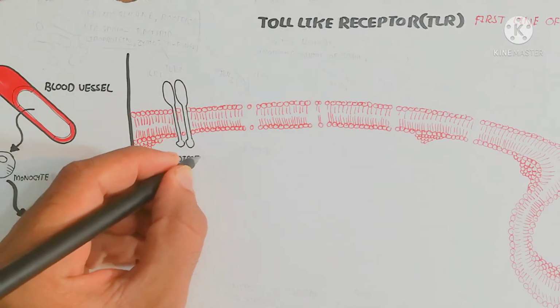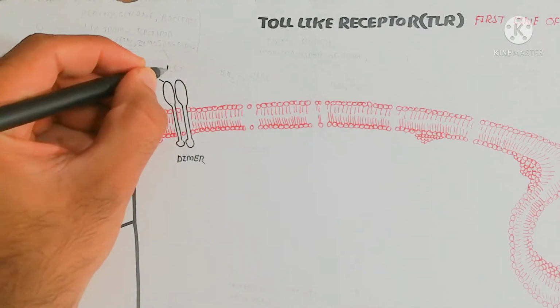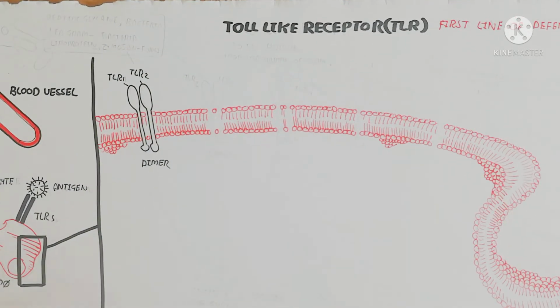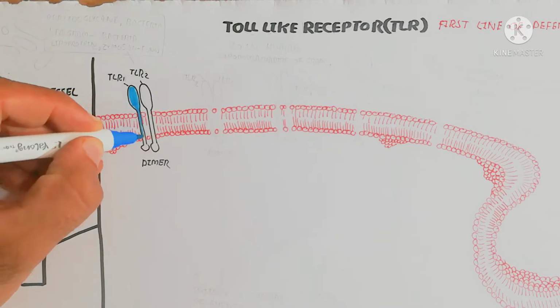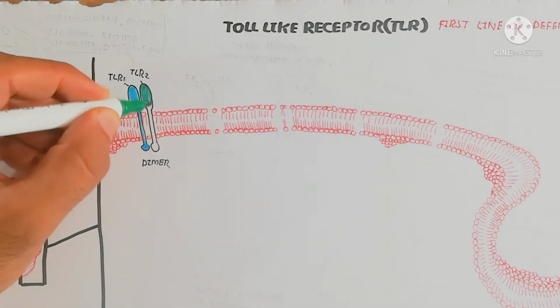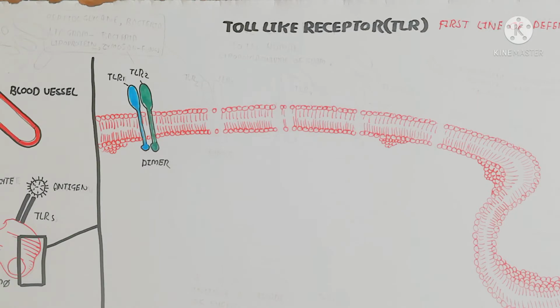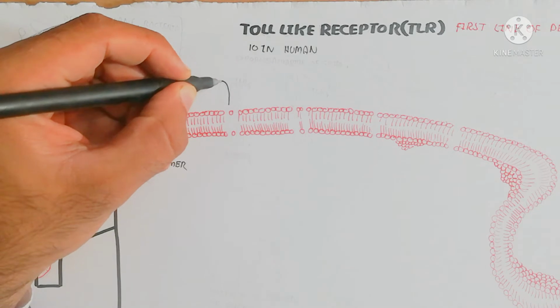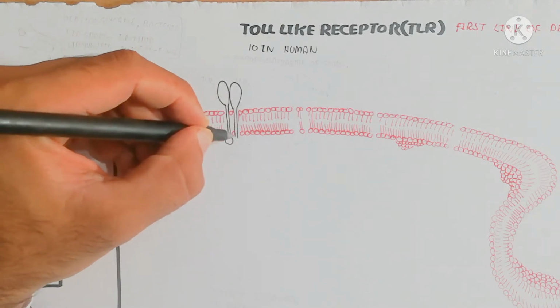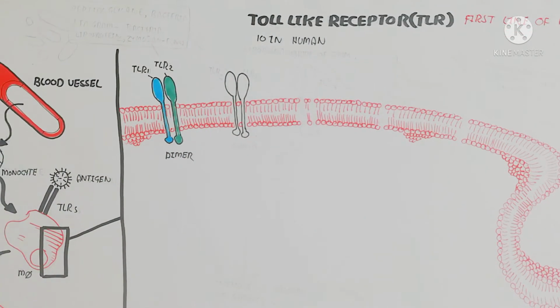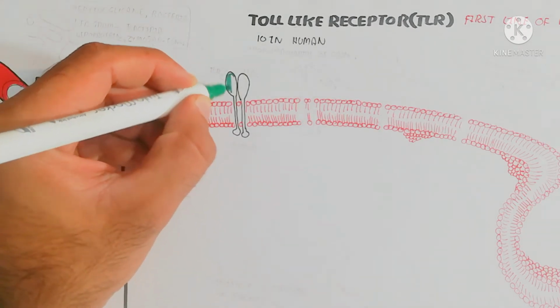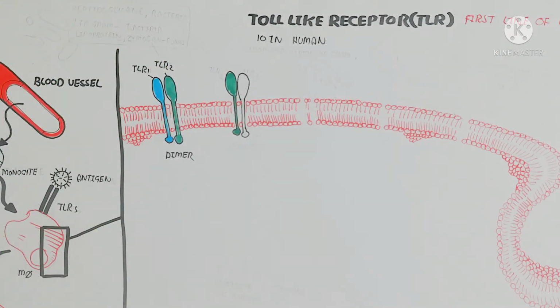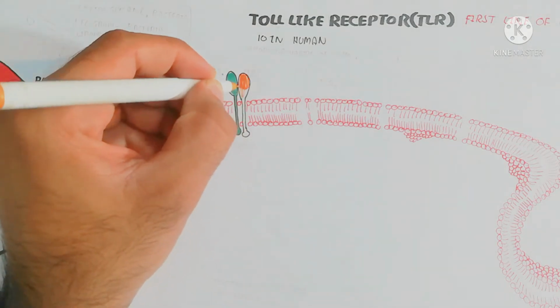So let's begin to understand the Toll-like receptors. Here is the peptidoglycan of bacteria; we will discuss the differences. Here is the dimeric form of Toll-like receptor 1 and 2. Toll-like receptor 1 and 2 are present in dimer form; di means two and mer means part, so the two receptors are present together as a couple.